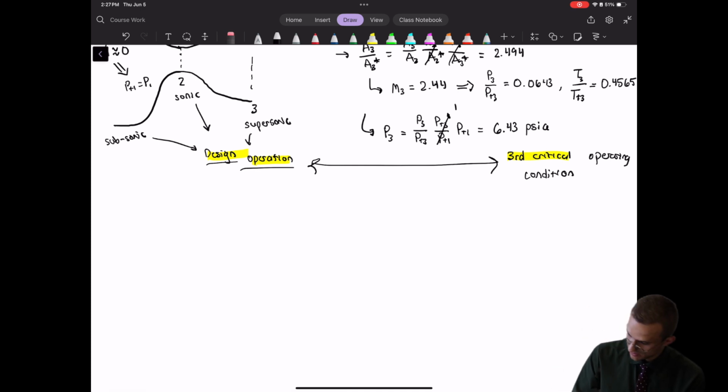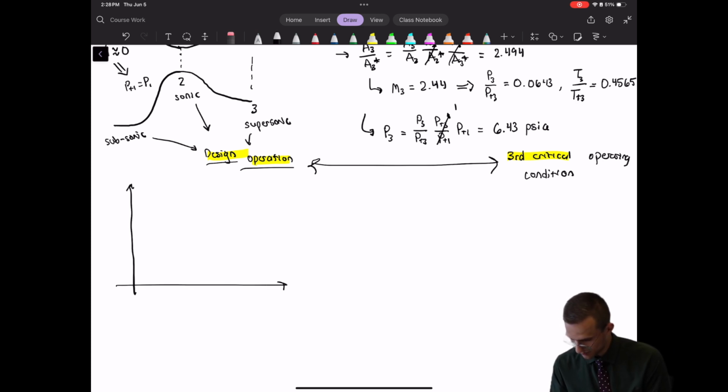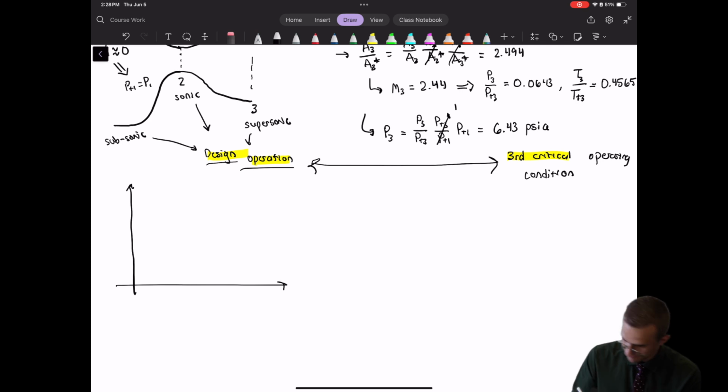So now we're going to draw a pressure diagram that you'll see several times in the course. It shows the evolution of the pressure as a function of position in a converging diverging nozzle, where this location is the throat and this location is the exit.